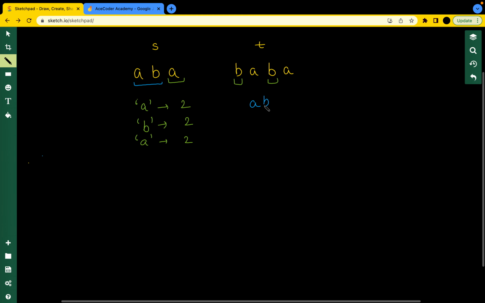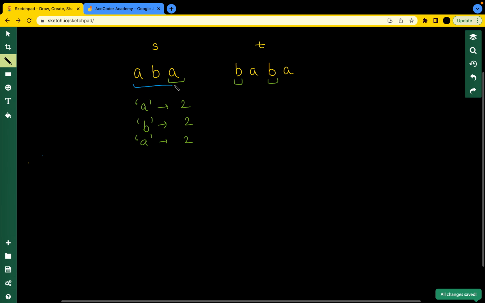If we find a substring in T of the form A and then any character, then the answer would be possible, but here it is B and A, so both characters differ from AB. Similar is the case with BA. Again, here we find A and B, so they differ by two characters, so it is again not possible.